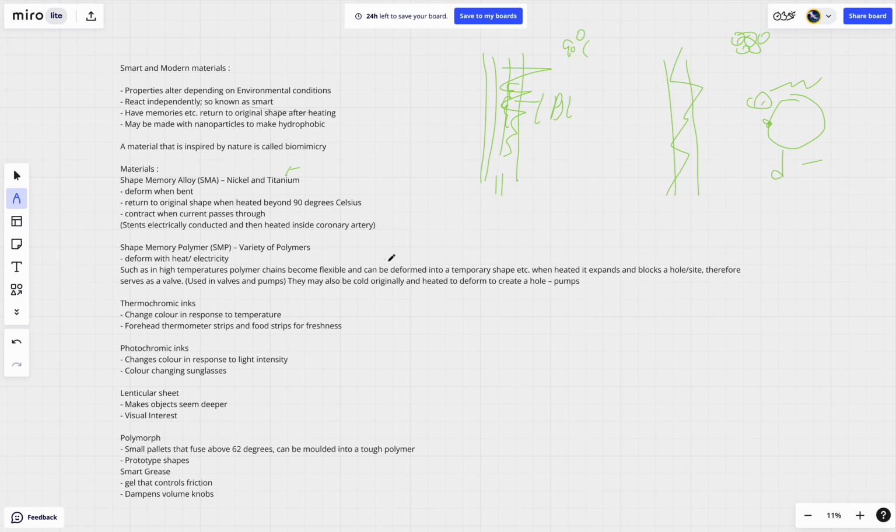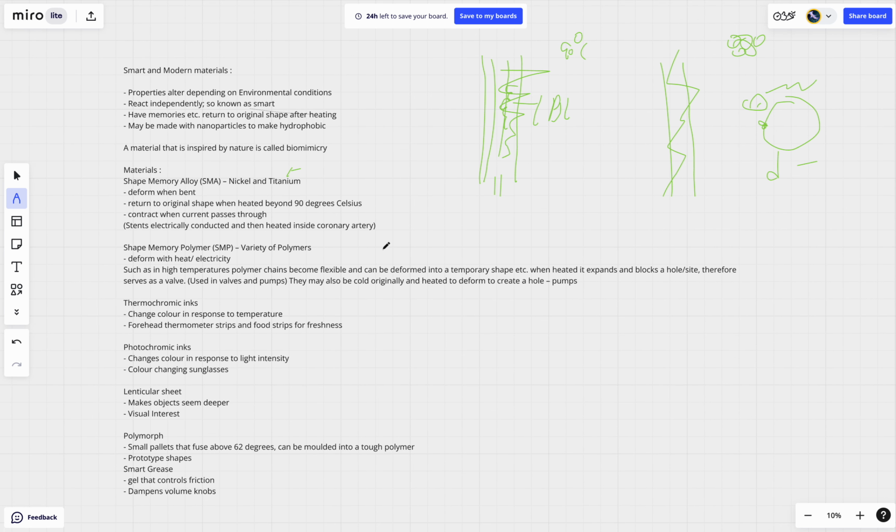And the next is shape memory polymers. It is a general term for a variety of polymer which deforms with heat or electricity, and it is used in valves such as in water pumps. It deforms because the polymer chains gain more energy and unravel a bit, become less dense, less tightly packed.